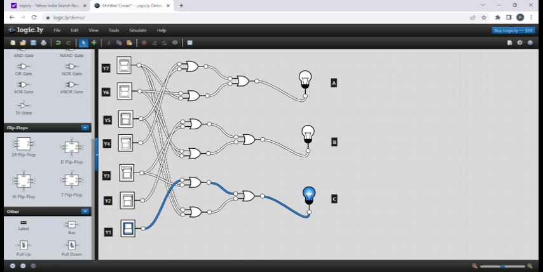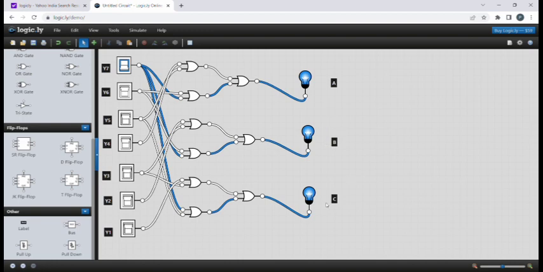The output must be A should be 0, B should be 0 and C should be 1. Next, let us give y7 as 1 and others as 0. The output should be A should be 1, B should be 1 and C should be 1.